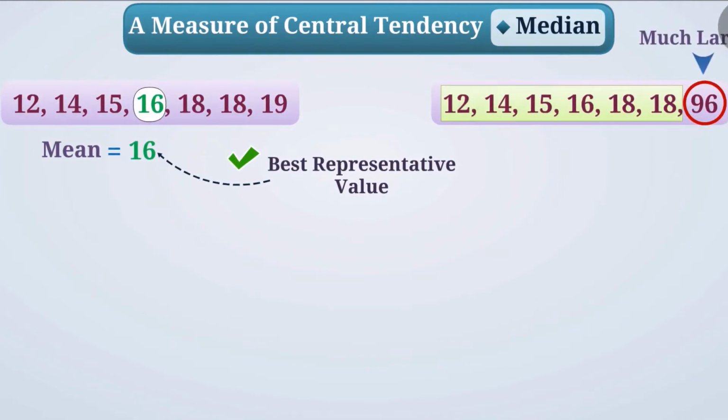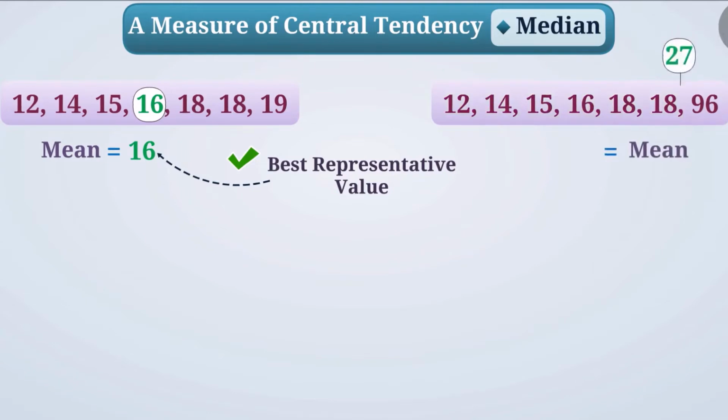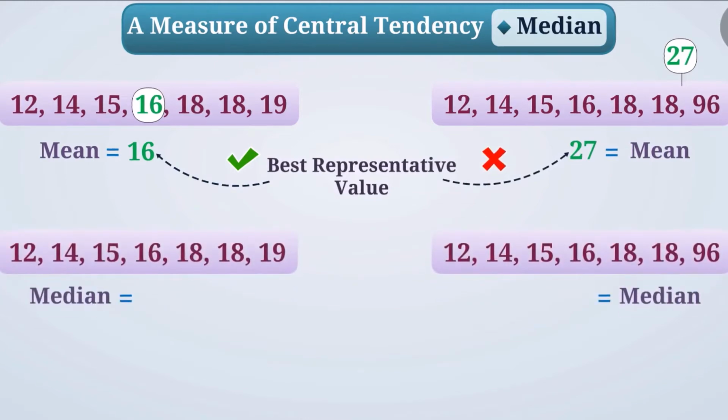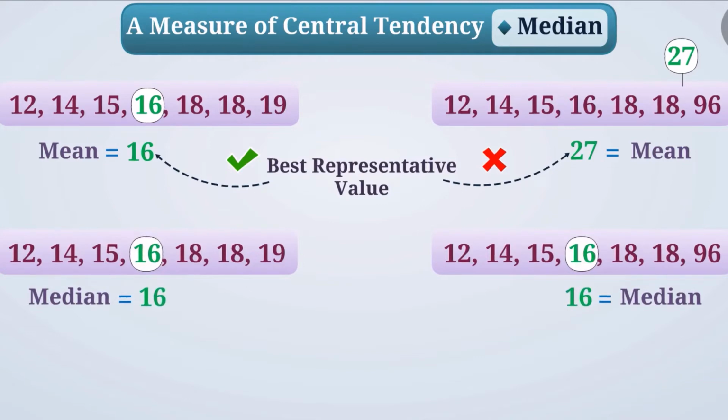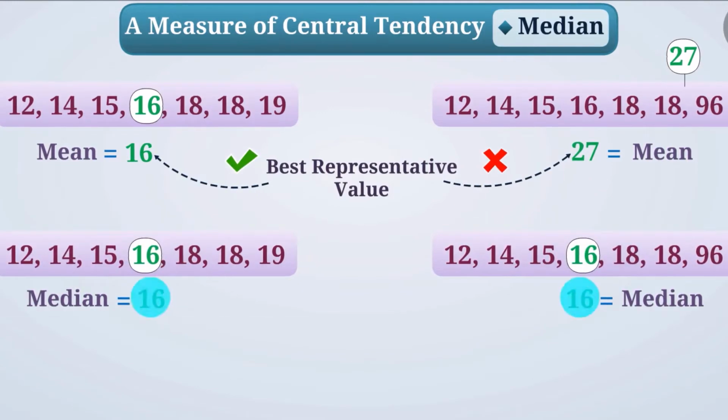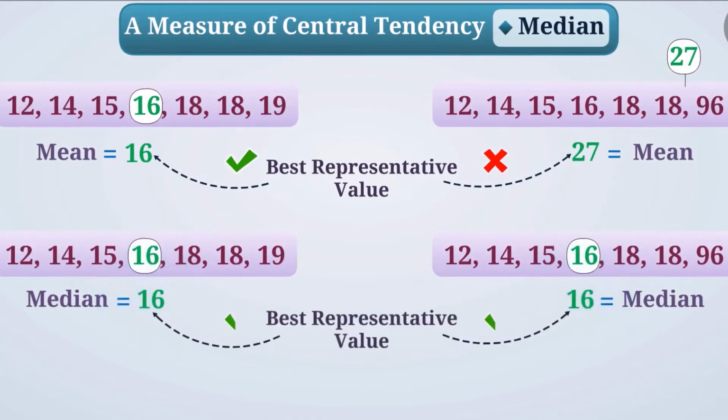In this case, the mean would be 27, which cannot be called a good representative value. But here, the median of the data in both groups is 16. Since the values of most observations in each group are around 16, we can say that in both cases, 16 is the best representative value.